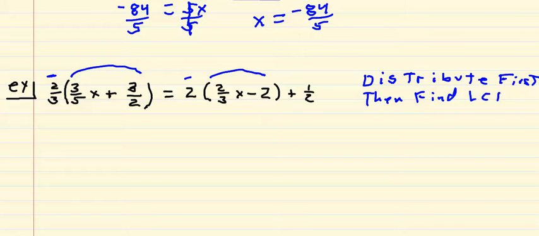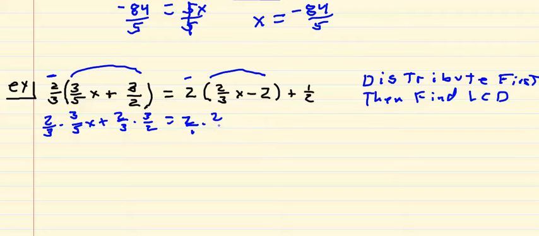Then find the least common denominator. So I'm going to distribute 2/3 times 3/5 x plus 2/3 times 3/2 equals 2/1 times 2/3 minus 2 times 2 plus 1/2.